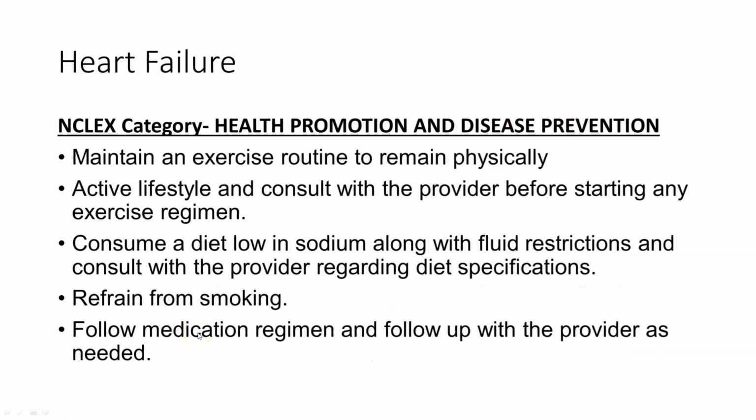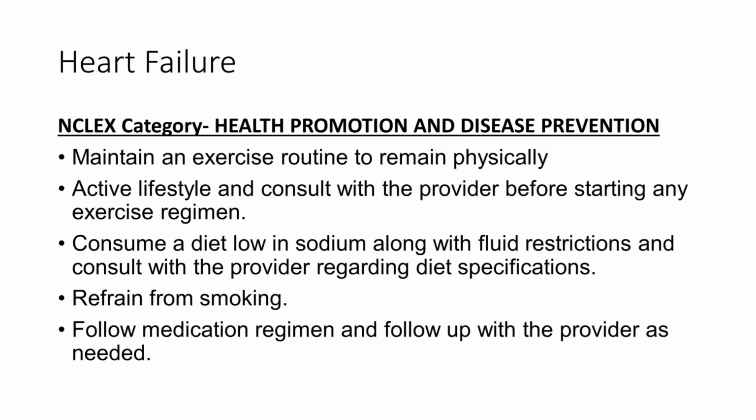So when we're looking at this from a health promotion and disease prevention type of category, we're talking about maintaining an exercise routine, active lifestyle, your DASH diets, when we talked about dietary approaches to stopping hypertension, because that's a big underlying cause, making sure you're changing the way that you are living a lifestyle.